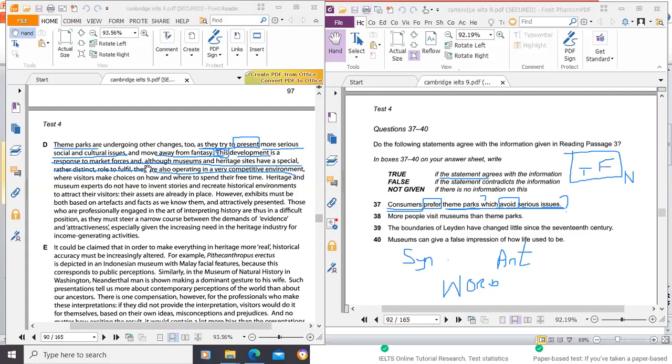If there is no reference to the visitors who are consumers, it's likely that it is not given, okay? But now you have proved that the visitors are the ones driving this. It's a response to the preference of the visitors, of the consumers. So "consumers prefer theme parks which avoid serious issues" will be false.